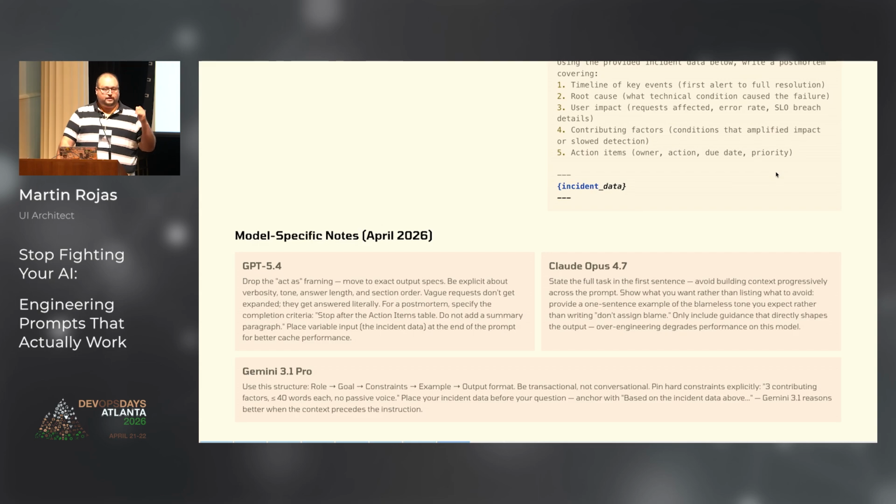Tell me what you want in that first sentence, right? For Gemini 3.1, you want your role, goal, constraints, and example, and then your output, right? If you phrase your prompt in that way, it will do a much better job of getting exactly what you want out of it. You're giving it that clarity.